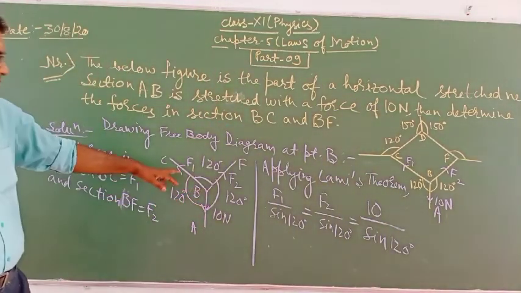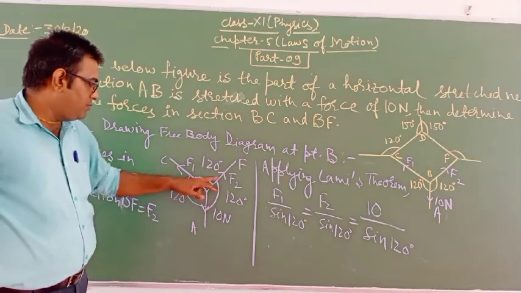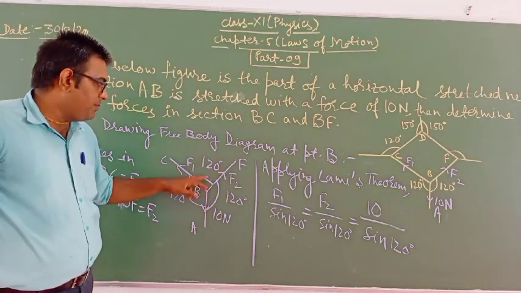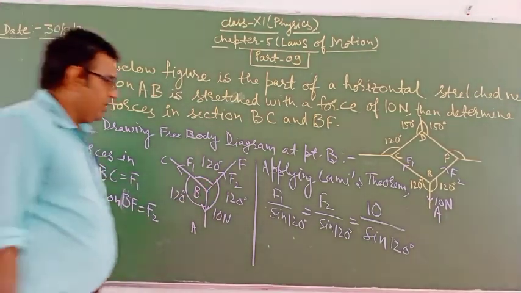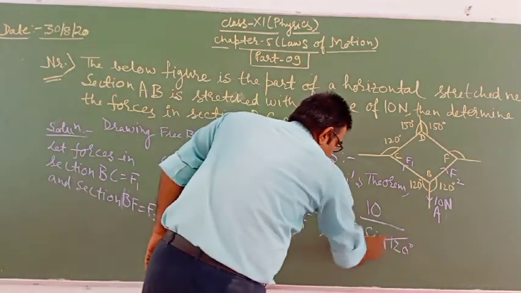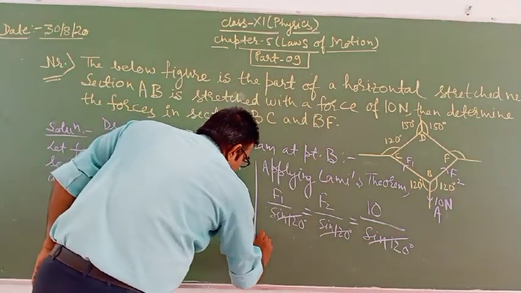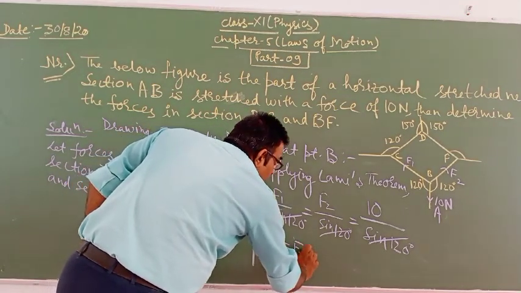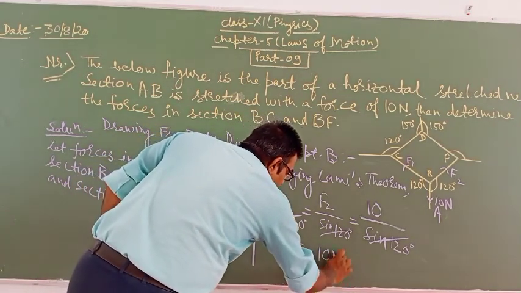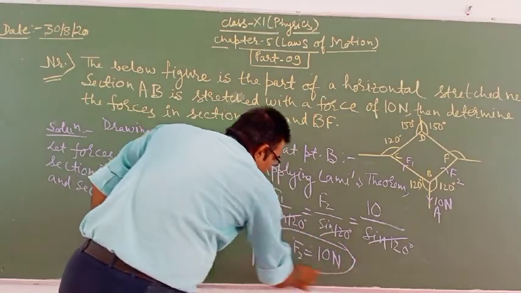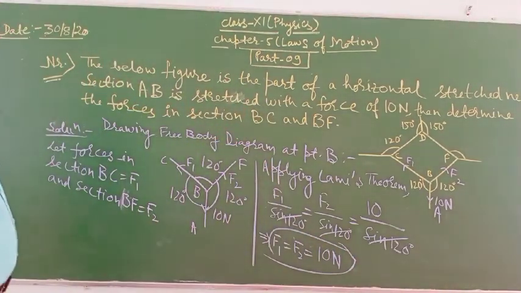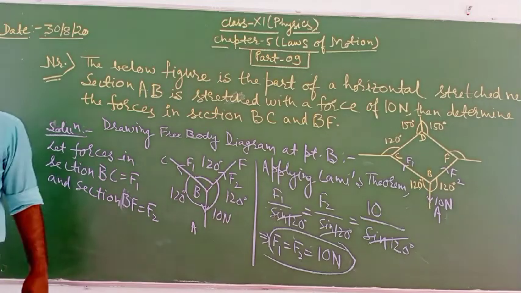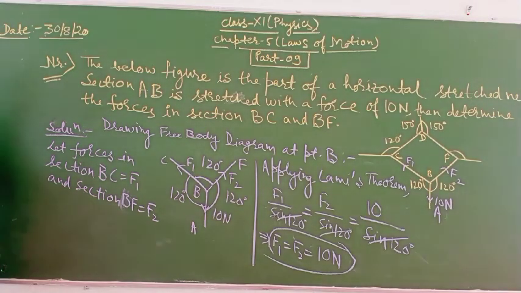This is according to Lami's theorem. Now these all are going to be cancelled out, and we can say that F1 is equal to F2 is equal to 10 Newton. Means both the forces are of 10 Newton.